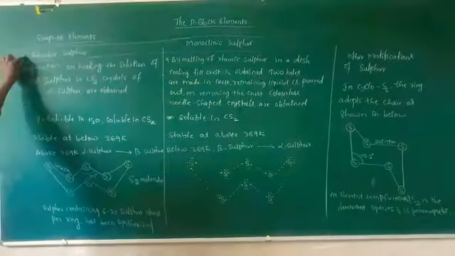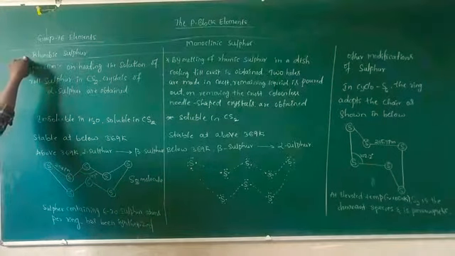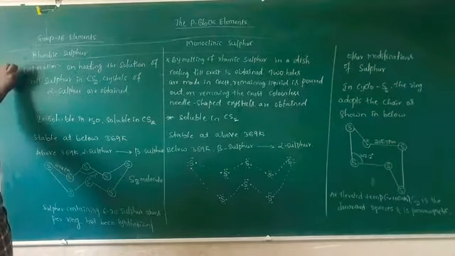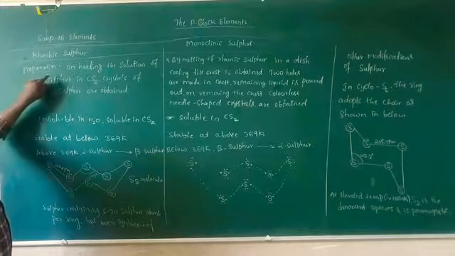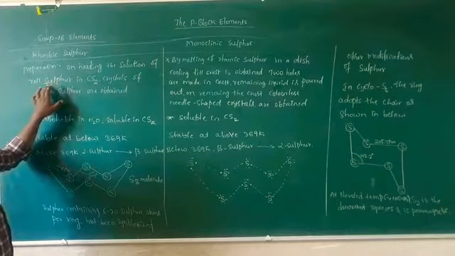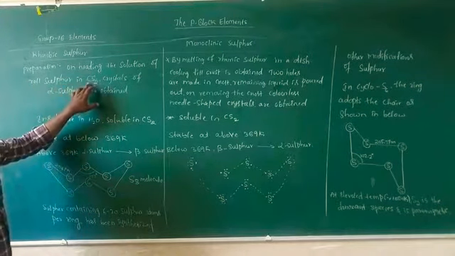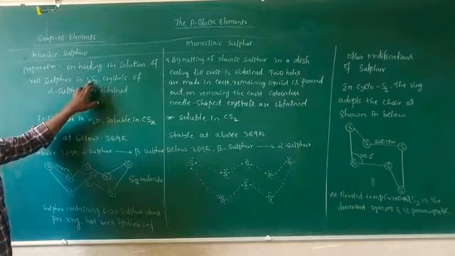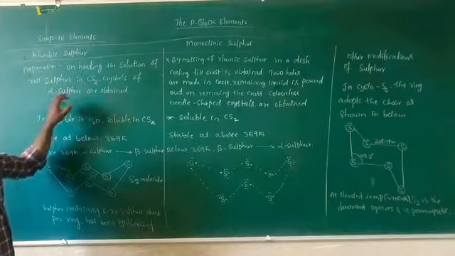Alpha sulfur is called rhombic sulfur and beta sulfur is called monoclinic sulfur. Let us see the difference between alpha sulfur and beta sulfur one by one. Preparation of alpha sulfur: on heating a solution of roll sulfur in carbon disulfide, CS2, crystals of alpha sulfur are obtained.